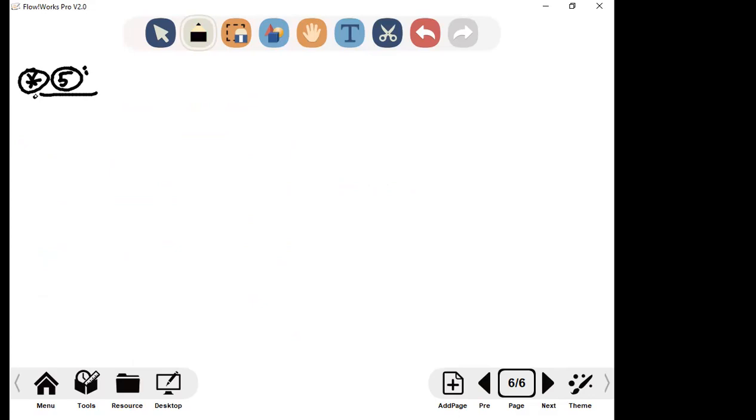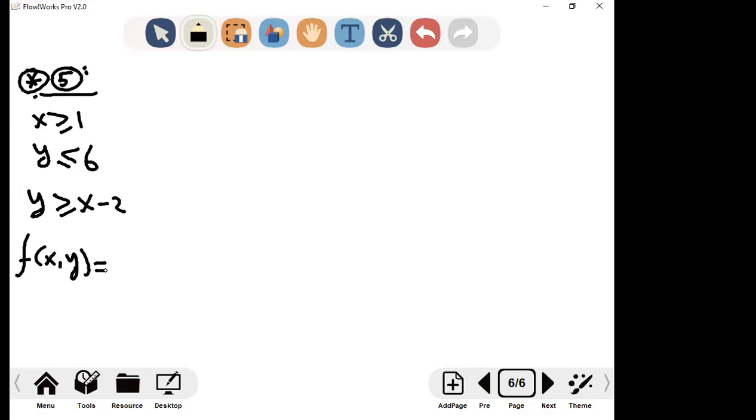In question 5, we have x more than or equal 1, y less than or equal 6, y more than or equal x minus 2, and the function f of x y equal x minus y.